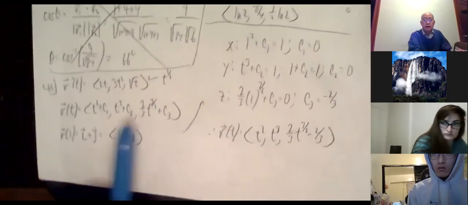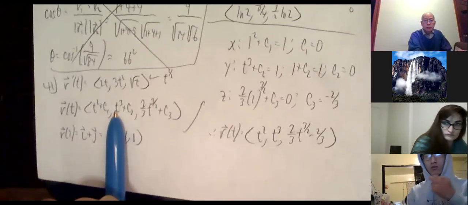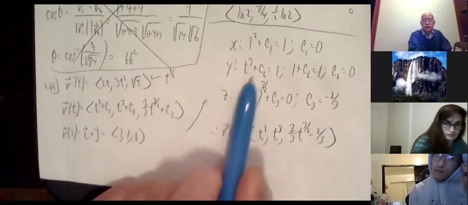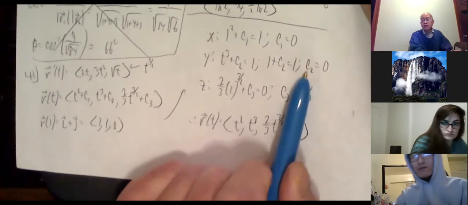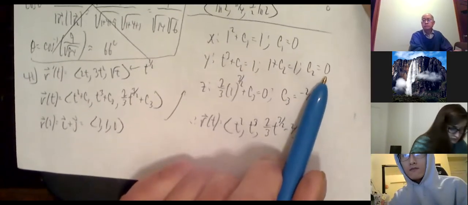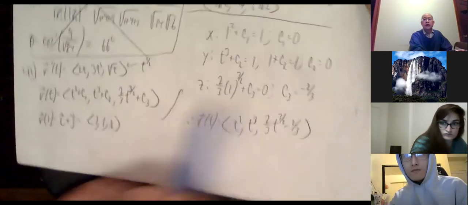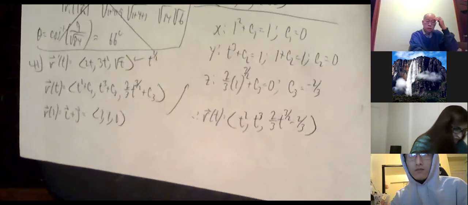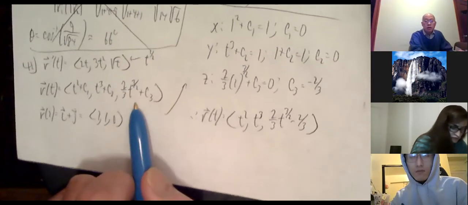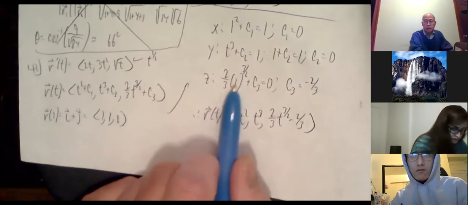Now for the y, plug in 1 there. 1 cubed is 1. So 1 plus c2 is also equal to 1. That also means c2 is 0. And in the z component, plug in 1, I'm supposed to get 0. So plug in 1 right there. 1 to the 3/2 power is 1.